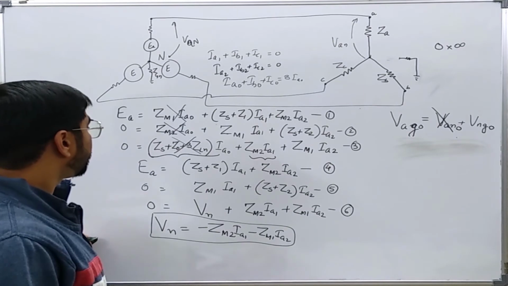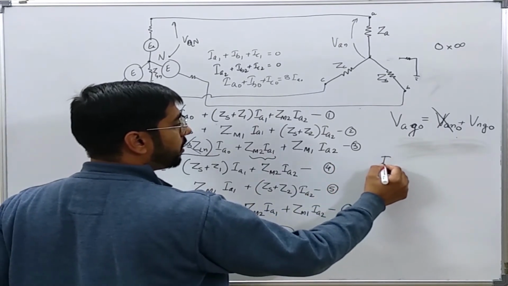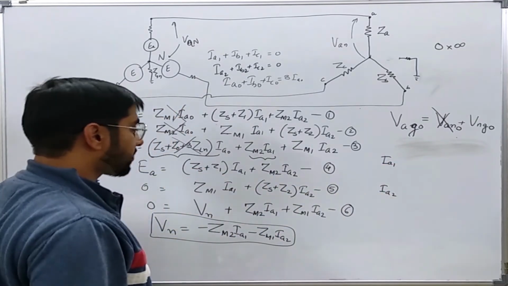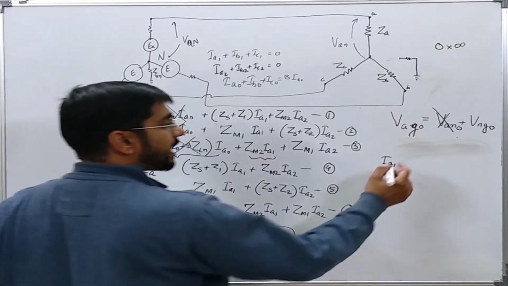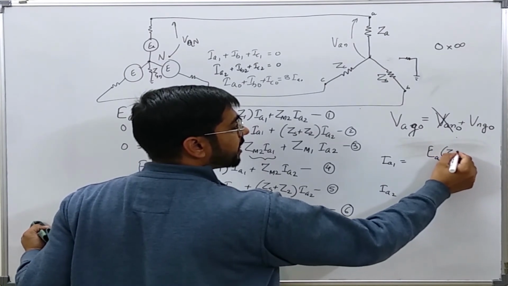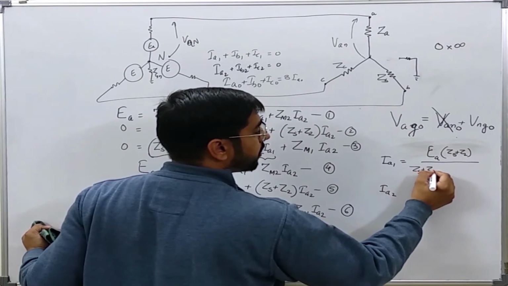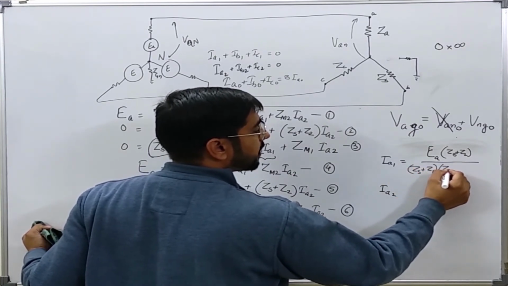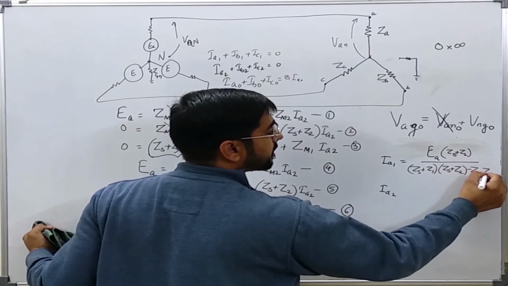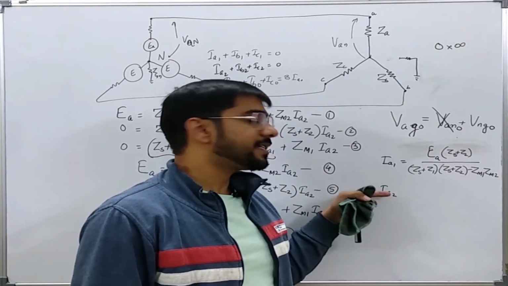Now from equations number 4 and 5 we can find the values of Ia1 and Ia2 in terms of Ea and the various impedances. Ia1 can be found out as Ea times (Zs plus Z2) over (Zs plus Z1)(Zs plus Z2) minus Zm1 Zm2.